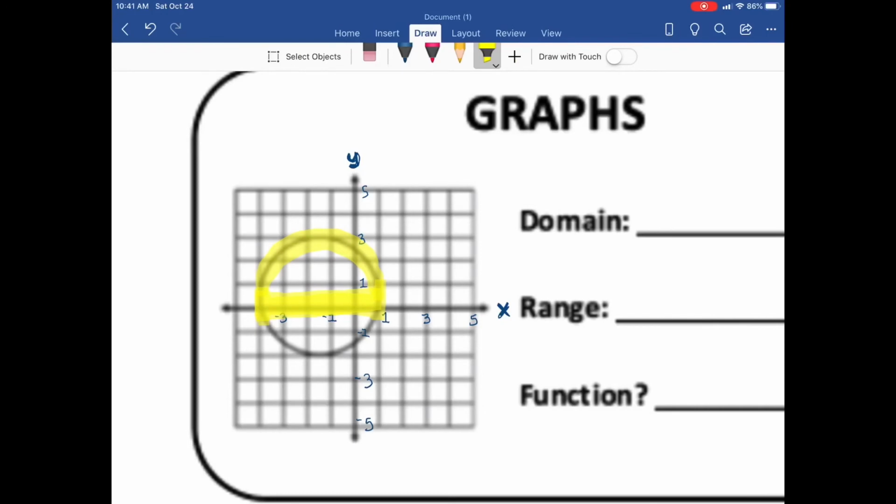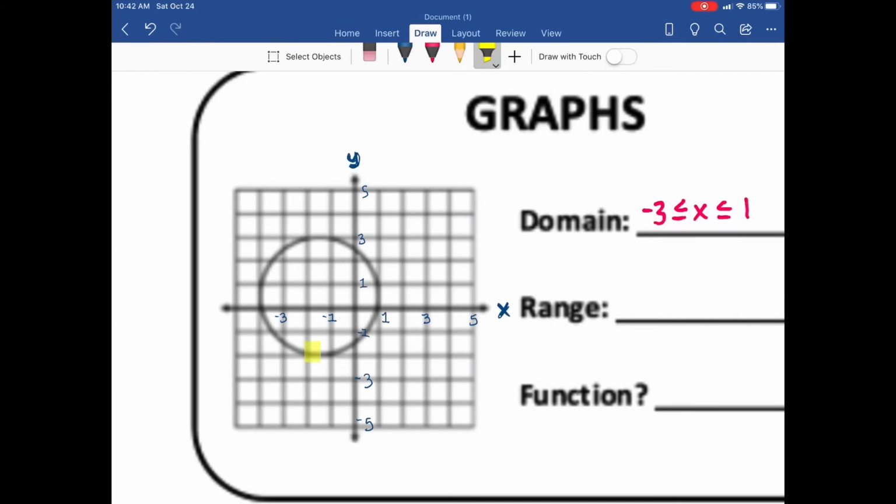So we're going to use what we call a compound inequality to write that. So for domain, we would say that all of the x values in between -3 and 1, including -3 and 1, are the domain. And we could also express that as -3 is less than or equal to x, which is less than or equal to 1. Similarly, we're going to look at the y values now for the range.